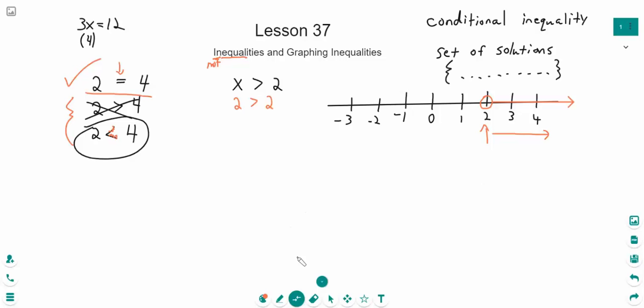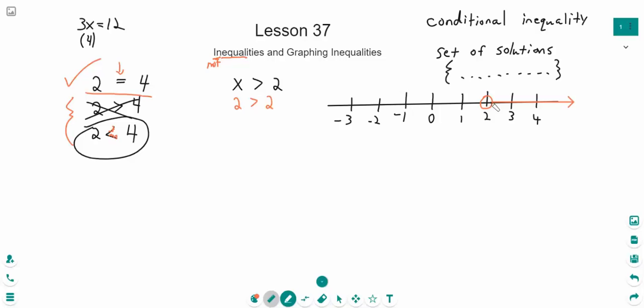That would be our solution. We just drew a picture. All we're saying here is that the answer is anything that's just greater than 2. That's why we have this hollow circle, to show that 2 is not a solution. But if you go just a teeny bit off of the 2, and you can go as teeny as you want, that would be a solution.